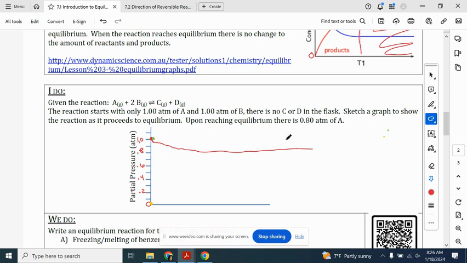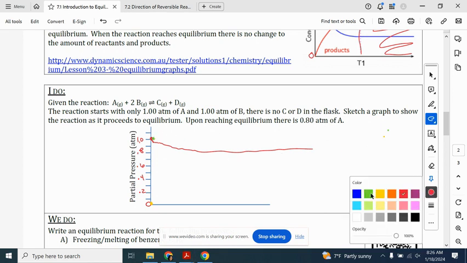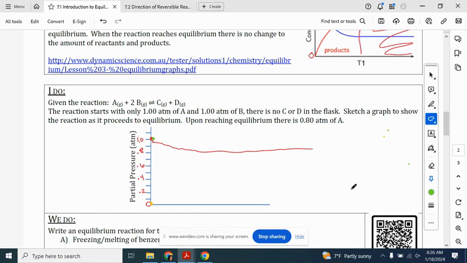Now, B is going to get used up at twice the amount. So if I use up 0.2 of A, how much of B am I going to use up? 0.4, which would take me down to 0.6. So it's going to be down here.